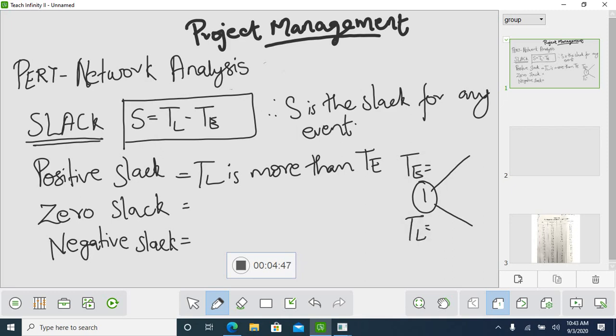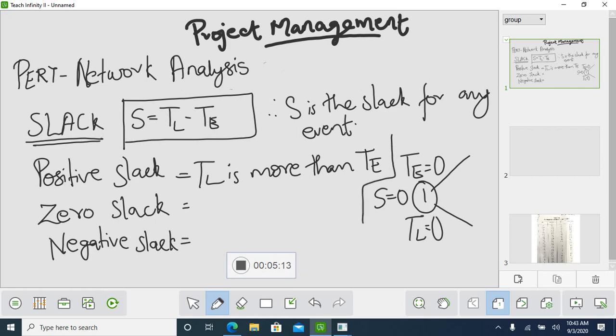This is how you represent TL and TE. For the start event, TE, the earliest expected time, is always 0, and TL should also be 0. So in this case, slack is equal to 0.